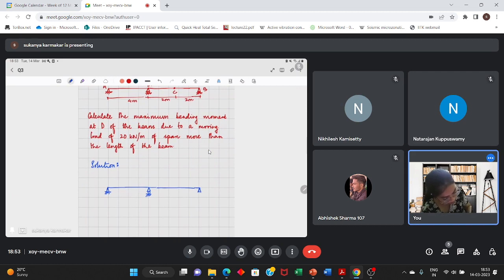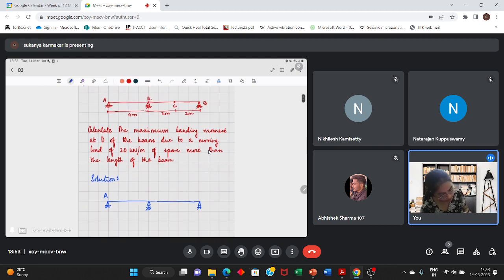This is the beam, A, B, C. C is an internal hinge, and B. This is 4 meters, this is 2 meters, this is 2 meters.